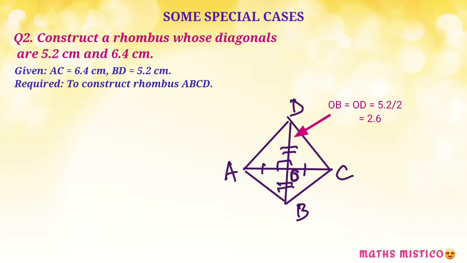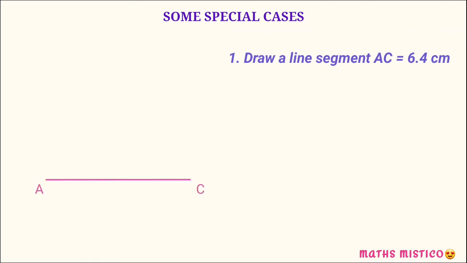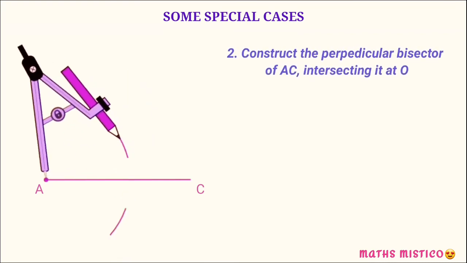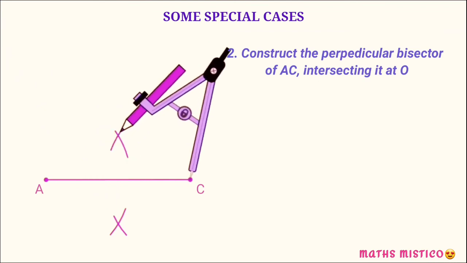We will start our construction with the diagonal AC. So let's start. Draw AC equal to 6.4 centimeters. To find its midpoint, we will draw the perpendicular bisector of AC.